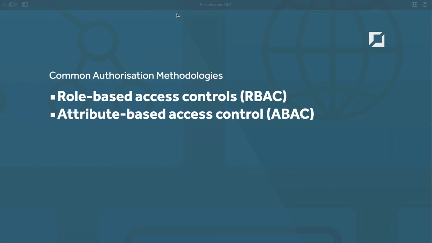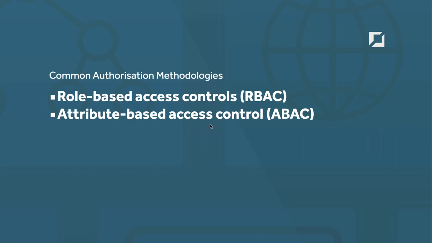Just to give you a snapshot of the two approaches here. If you were thinking about developing a small application for a small or medium-sized organization, maybe you would take the approach of role-based access controls. It would probably be a little bit simpler to configure, set up and manage.